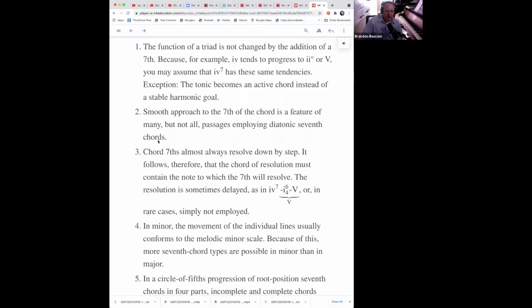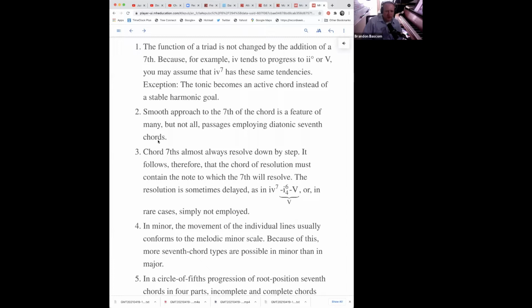Half diminished. Good. And because my G's on the bottom, 4/3. So that is our 7th chord in this example.